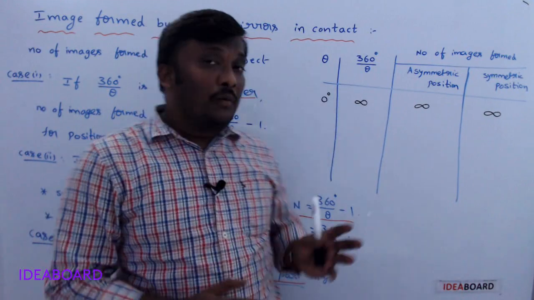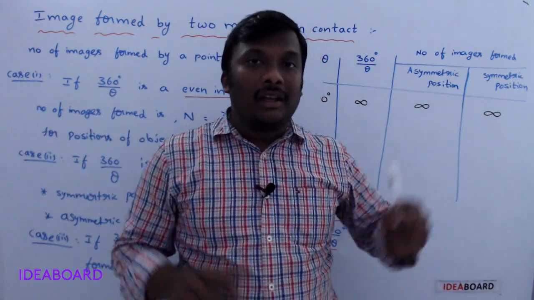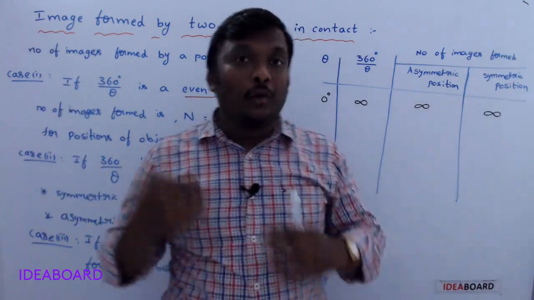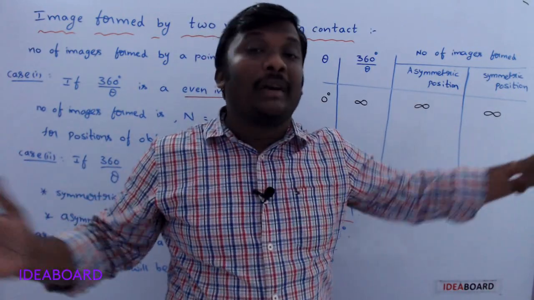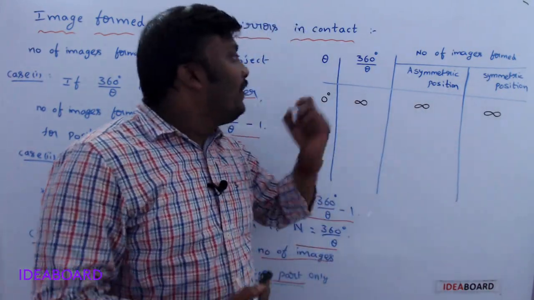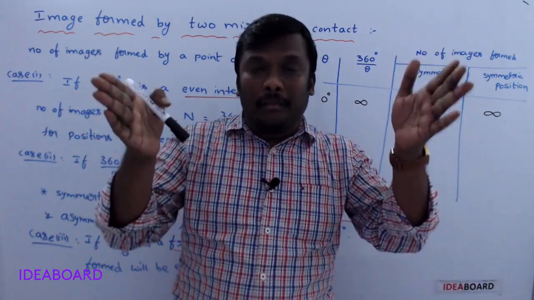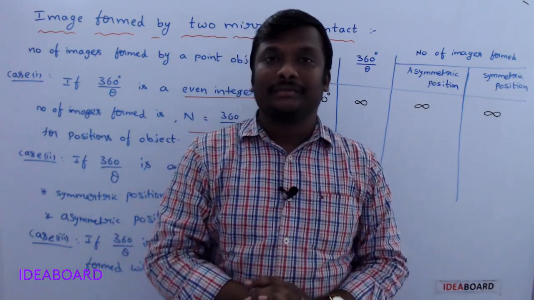We also observe this in a saloon shop. There they place two plane mirrors parallel to each other, and you observe your image multiple times. So how many images do you observe? Infinite, if two plane mirrors are placed parallel to each other.